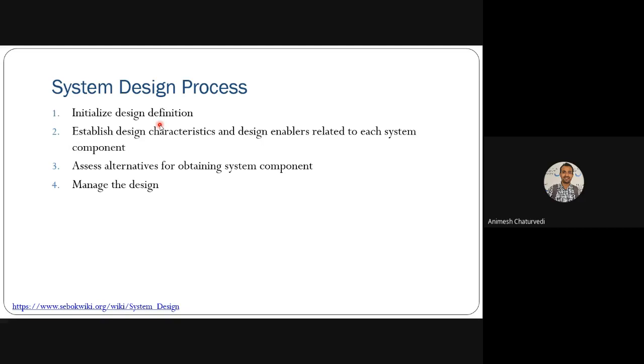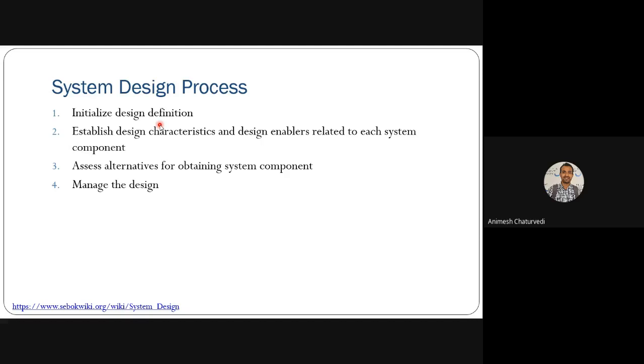Then what is the process of doing the system design? Basically there are four steps, and there could be many other steps depending on how you design that process. We'll take the most basic ones. First, you have to initialize the system design and definition, that is, what you want to design. You first initialize that and think over it.